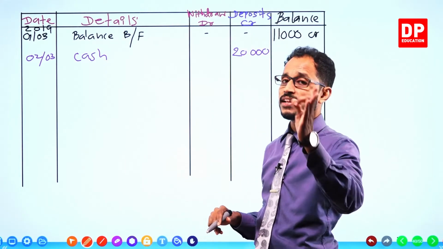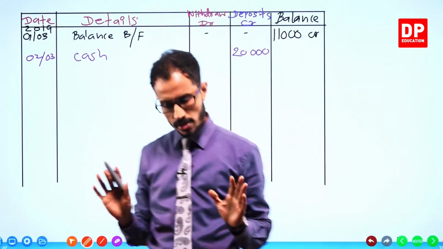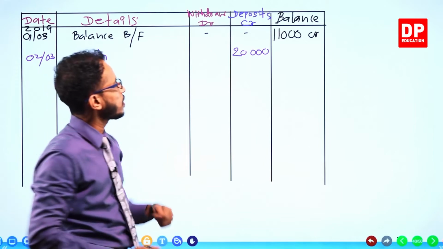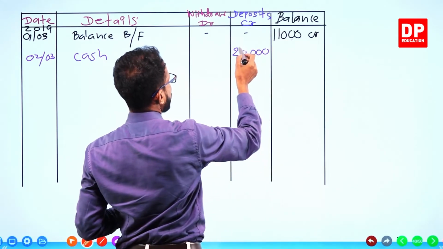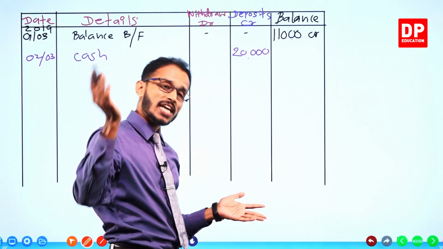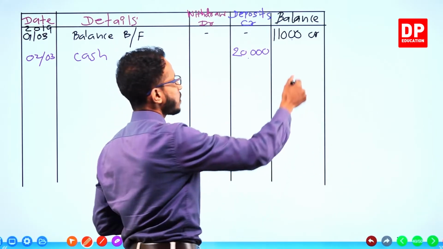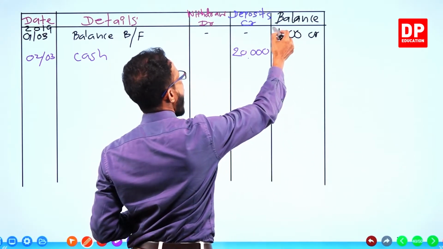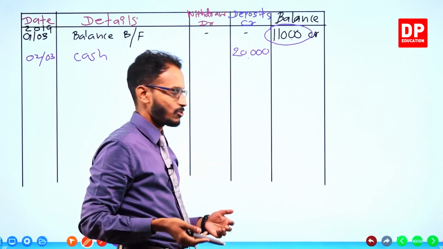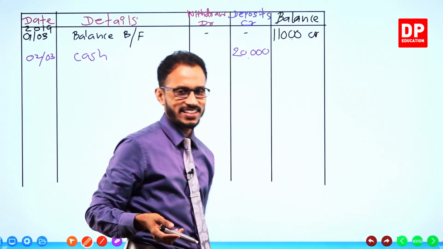After each and every entry, you must calculate the balance and put it in the last column. So 11,000 plus 20,000. Why do you add? Because cash has come in. This is the balance, or amount of cash, at the beginning, the money in the account at the beginning.